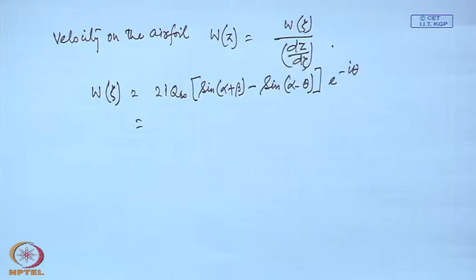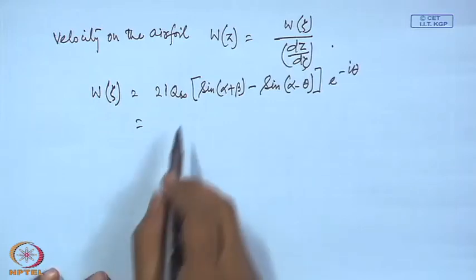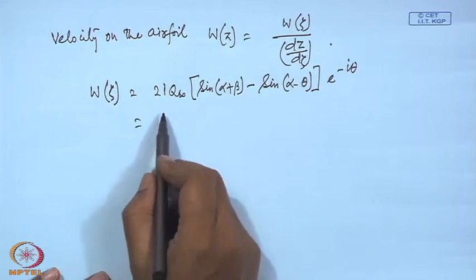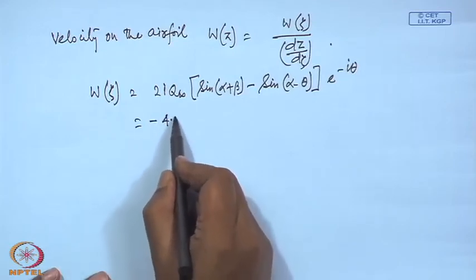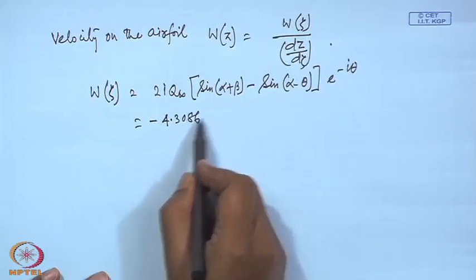Okay. So, if you substitute that, this has come to be minus 4.3086 I.